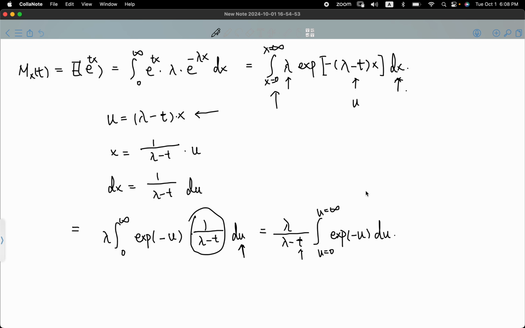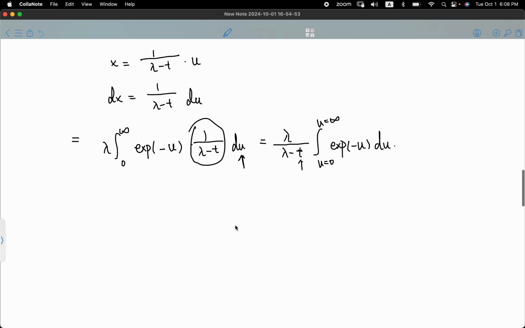So after you change the variable from x to u by using this change of variables technique, to identify your upper bound or lower bound, one way you can do is just plug in the bound for your original random variable, plug into the thing that you changed, and see what will be the new upper bound or lower bound. So in our case, it's from 0 to infinity. But this is with respect to u here, because this integral is with respect to u.